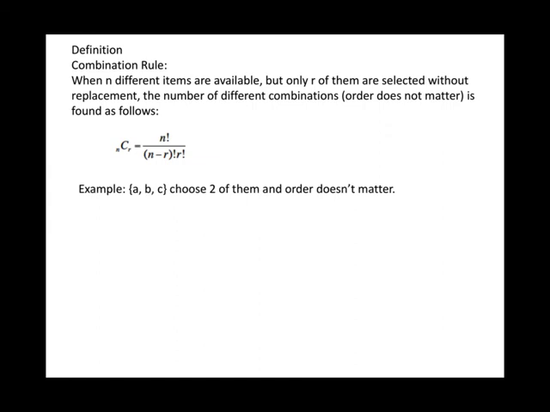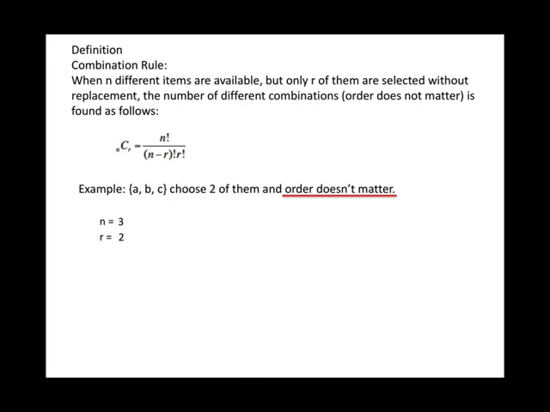So look at the same example. We have 3 letters and we want to pick 2 of them, and order doesn't matter. So first, what is your N and what's your R? That will be N equal to 3 and R equal to 2.